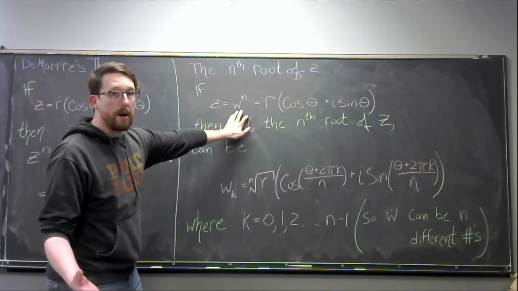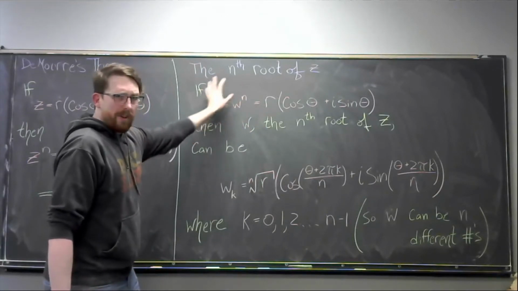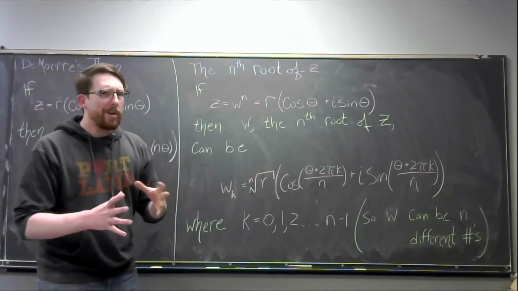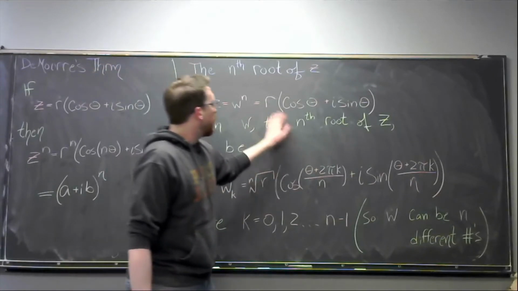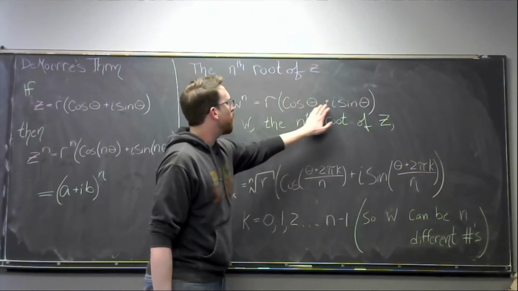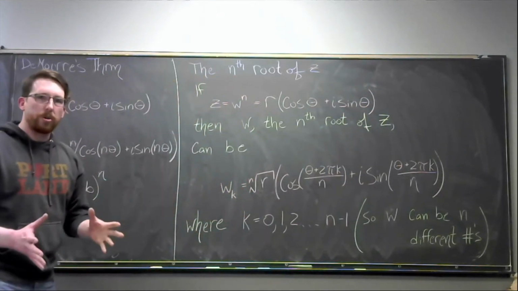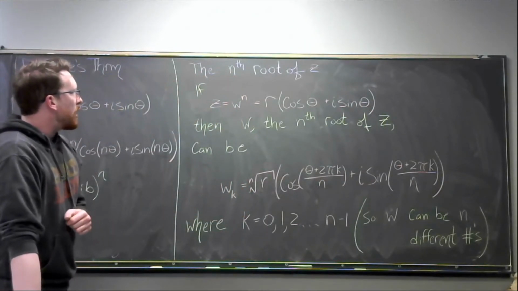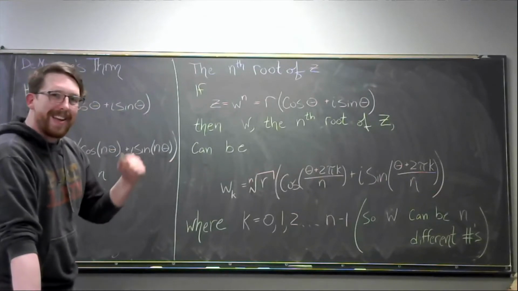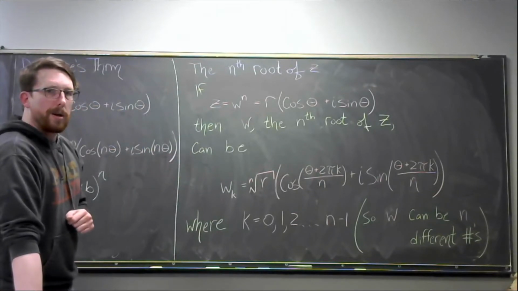So what we've got here is if z, a complex number, is equal to some other complex number raised to a power, all of this, right? The original number that you're given. If it's equal to r times the cosine of theta plus I sine of theta. That's what you're originally given. That's the case. And you want to find the nth root of z.